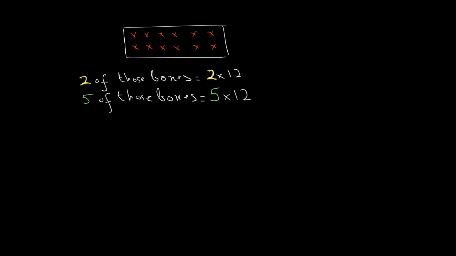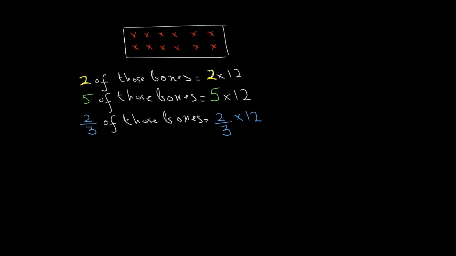So now if somebody were to say give me 2/3 of those boxes, you would say this is just 2/3 into 12. So what I mean by saying all of this is that you could define a meaning for multiplication by using the English word "of".